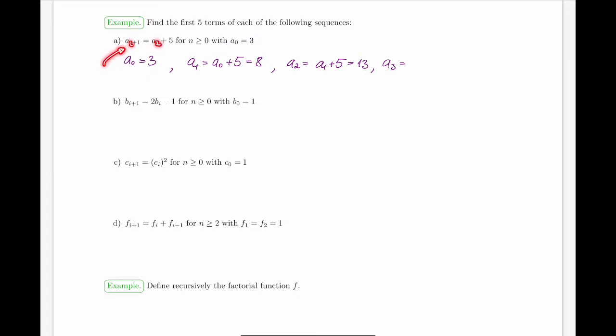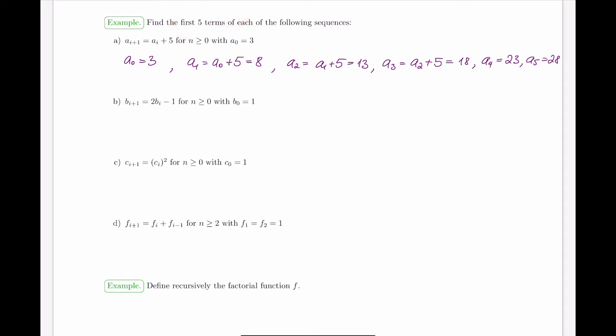On the left, I'm going to have A3. On the right, I'm going to have A2 plus 5. A2 is the one I've just computed to be 13, so 13 plus 5 is equal to 18. A4 is going to be 23. A5 is going to be 28. And here we've computed the first 5 terms of the sequence.